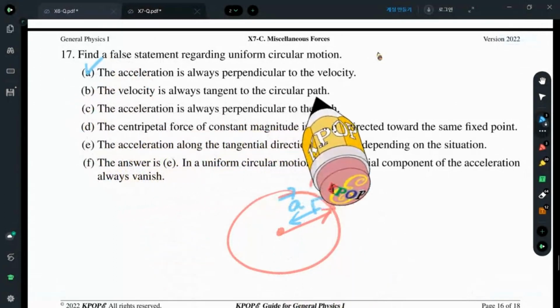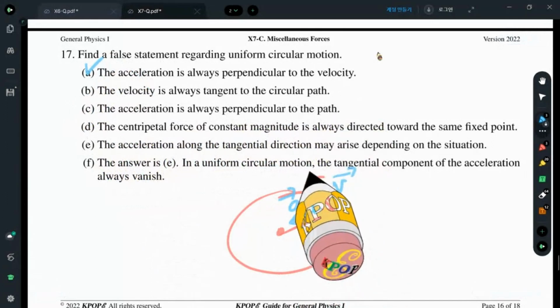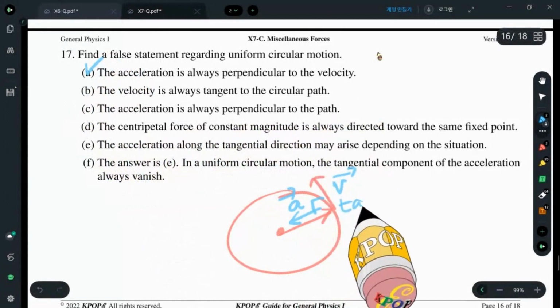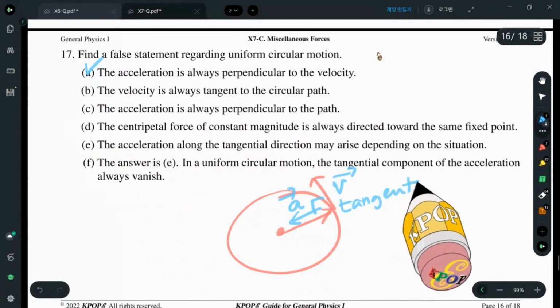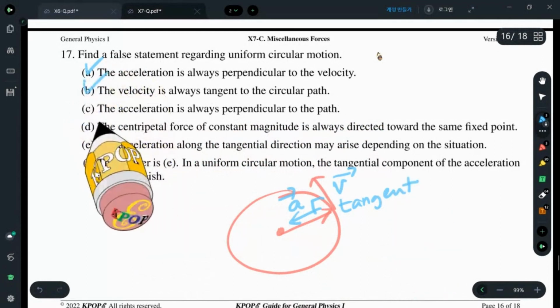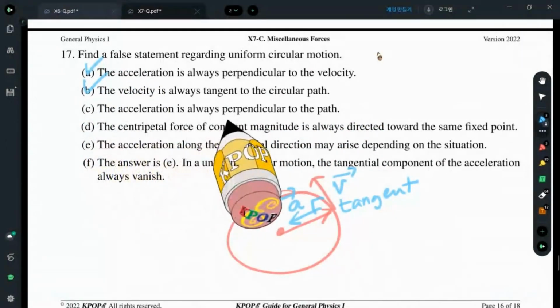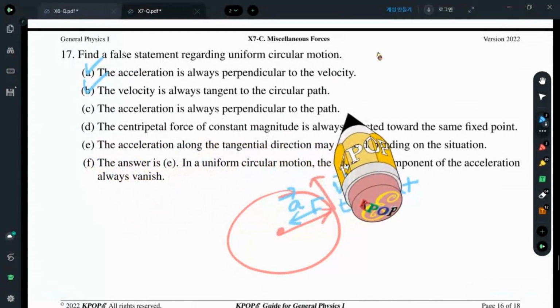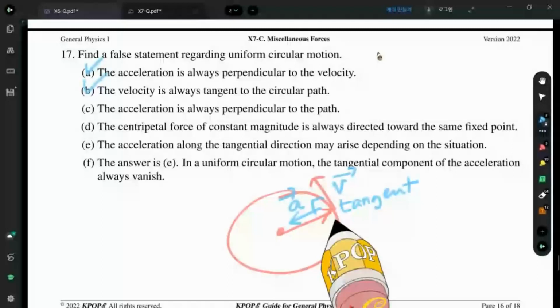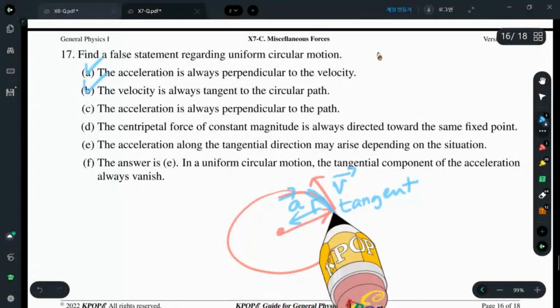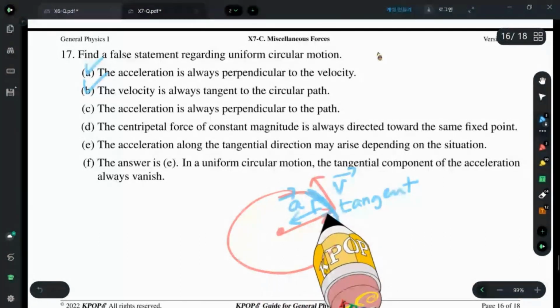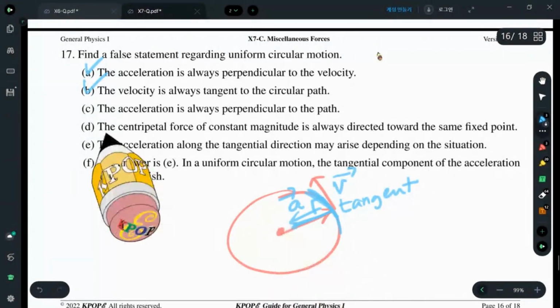Velocity is always tangent to the circular path, right? The acceleration is always perpendicular to the path. Path is this one. Acceleration is perpendicular.